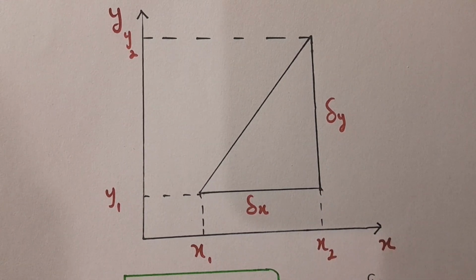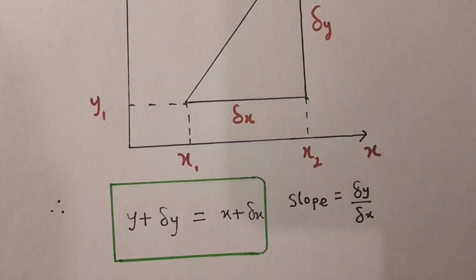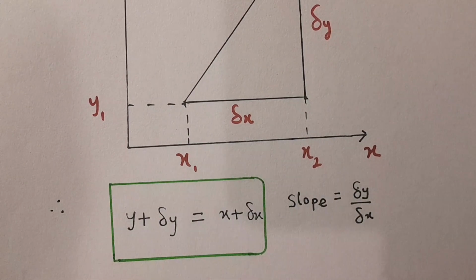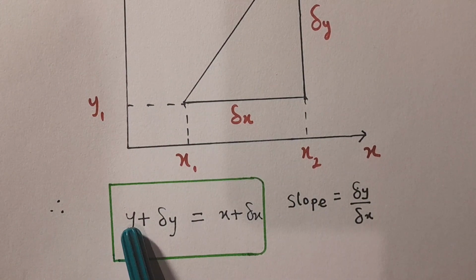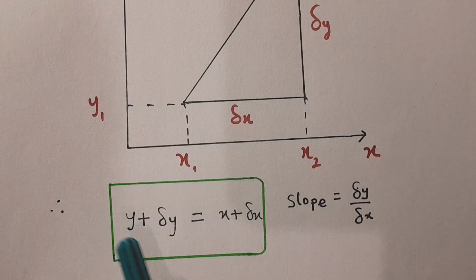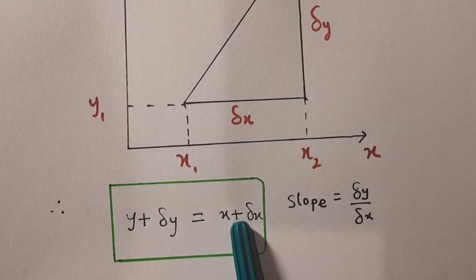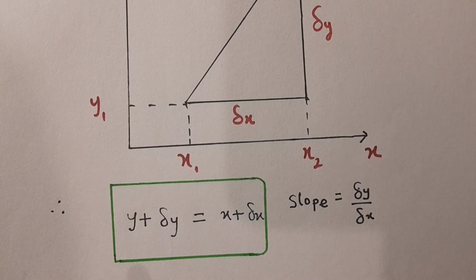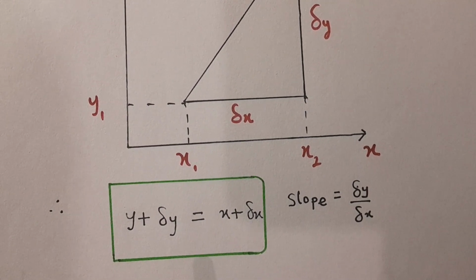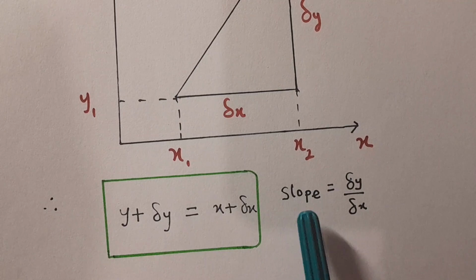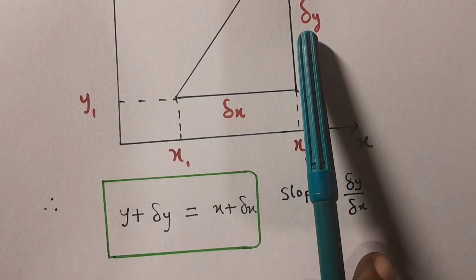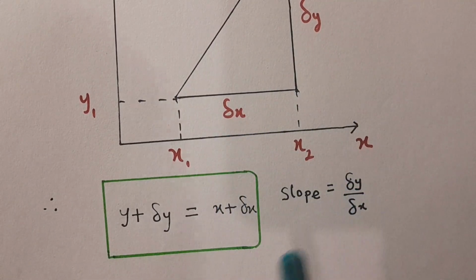Note that from the above, y plus change in y will always equal x plus change in x, and our slope will now be change in y over change in x.